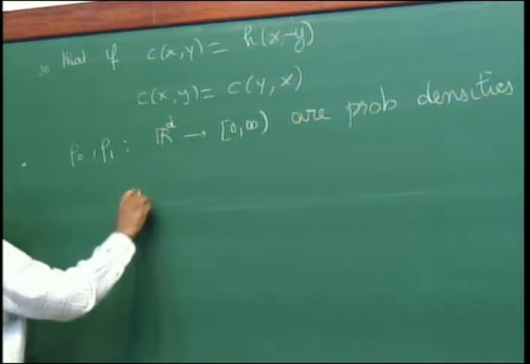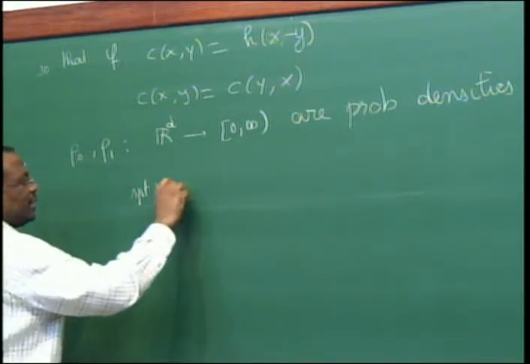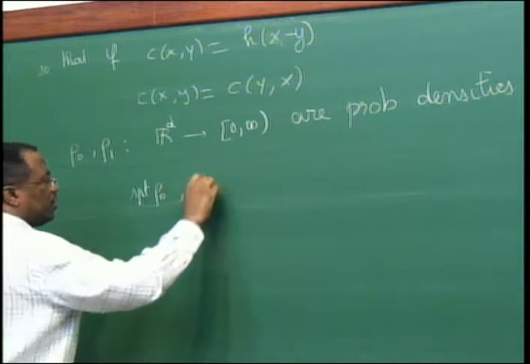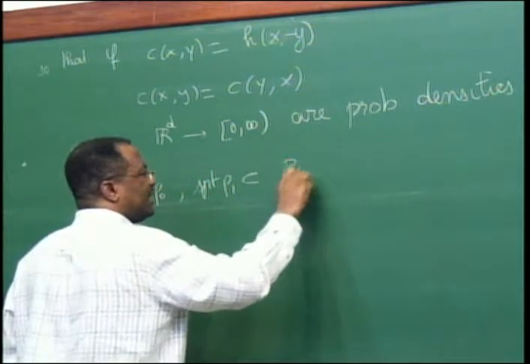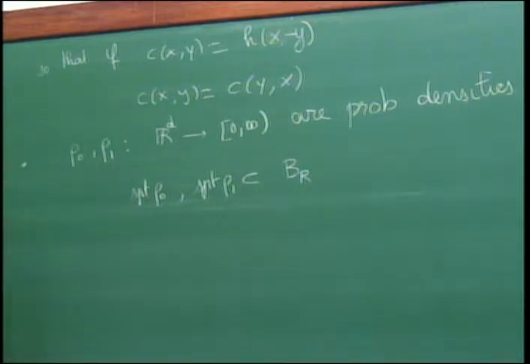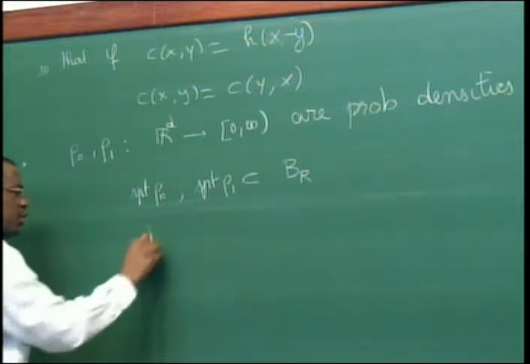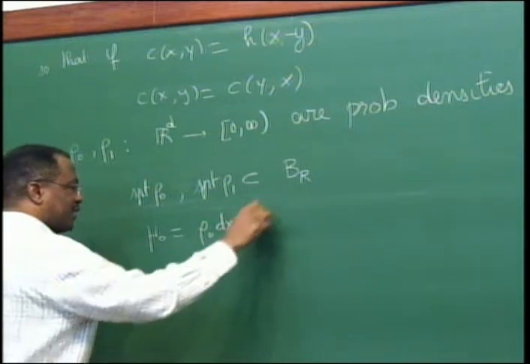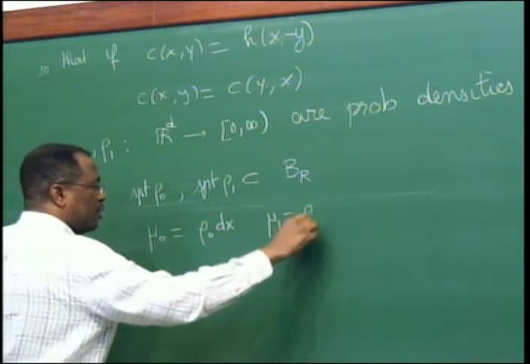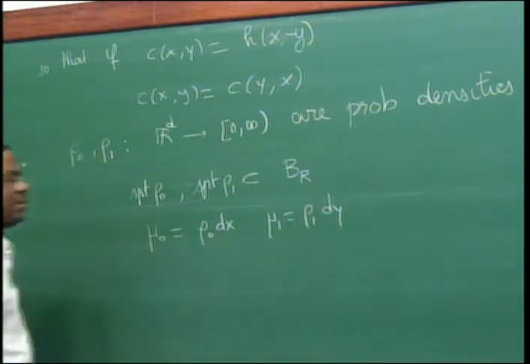The support of rho naught and the support of rho 1 is contained in a ball of center 0 radius r. So I have defined mu naught to be rho naught dx and mu 1 to be rho 1 dy.